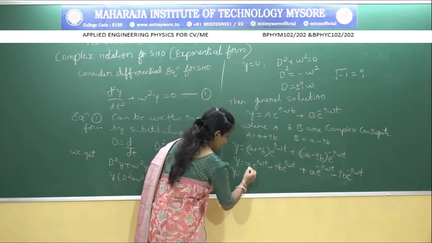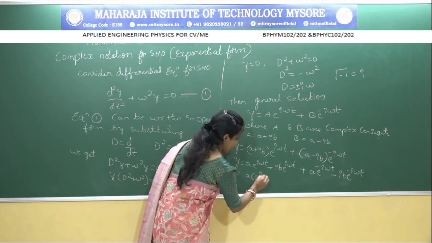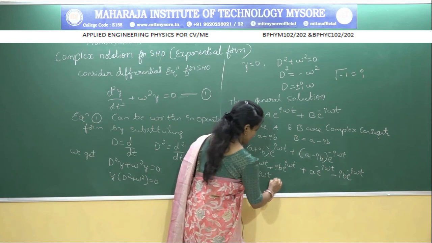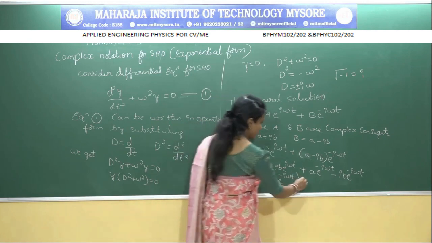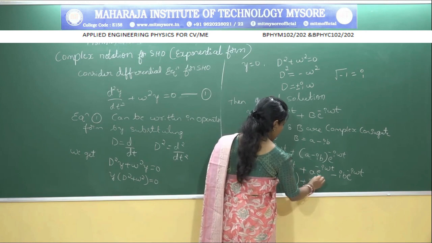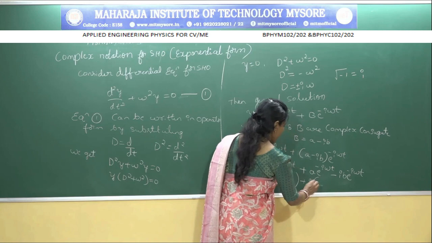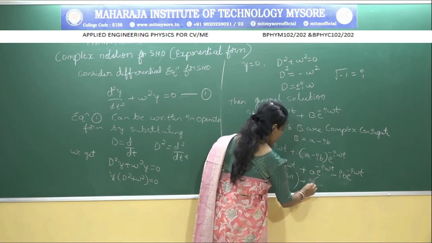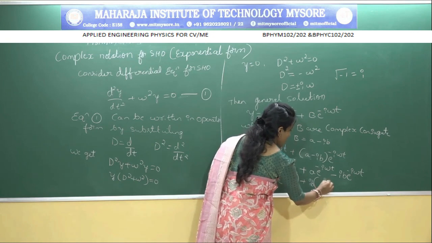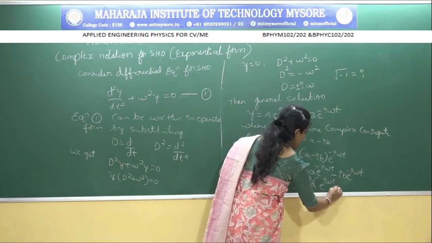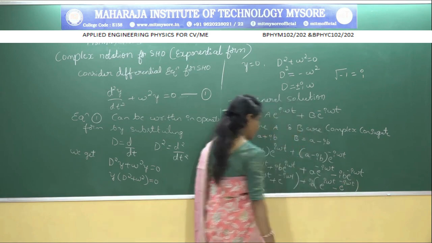A is common, so y is equal to a of e to the power of i omega t plus e to the power of minus i omega t, and the imaginary term is ib of e to the power of i omega t minus e to the power of minus i omega t, where b is taken common outside.